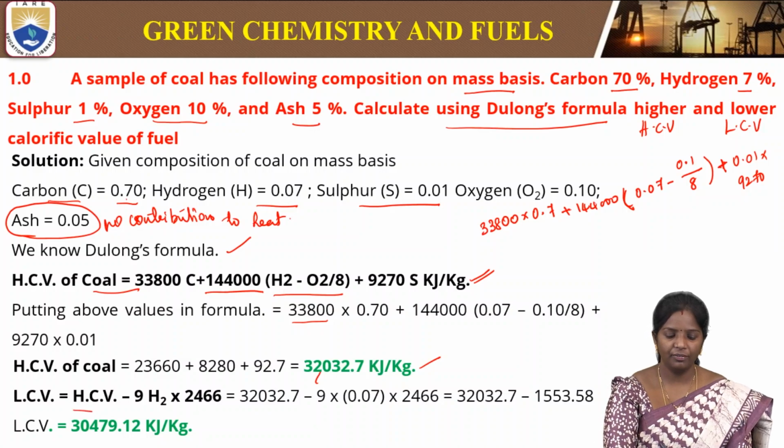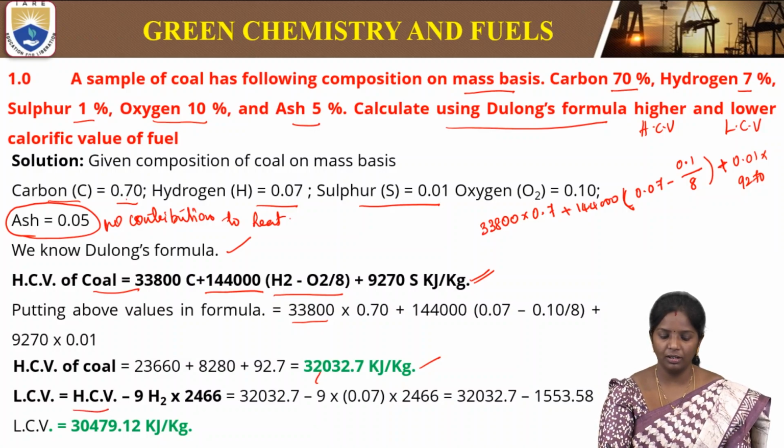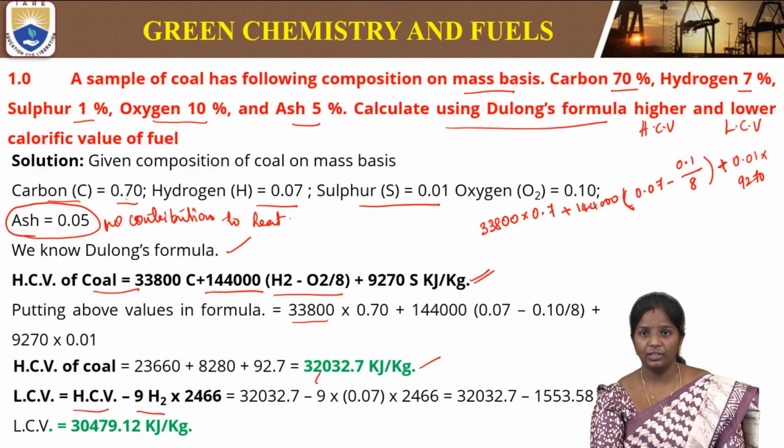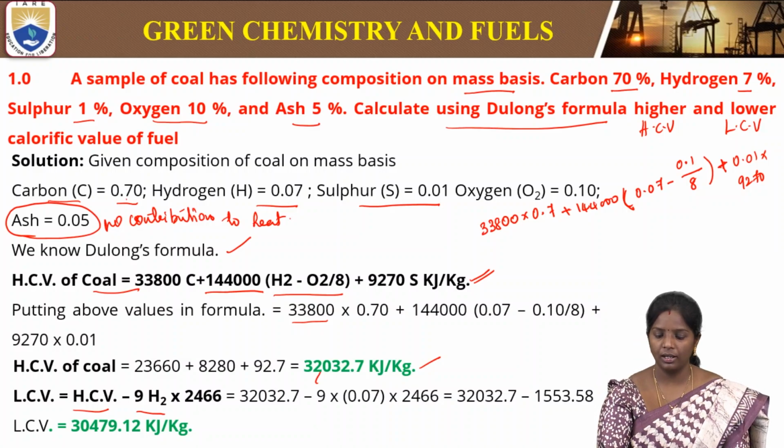The lower calorific value is HCV minus 9H2 into 2466. So 32032.7 minus 9 into the hydrogen value 0.07 into 2466.